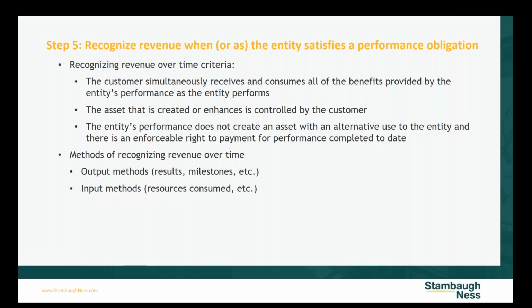And then the entity's performance does not create an asset with an alternative use, meaning the member can't go and replace the website access with something else. So we know pretty much for sure that we're basing this off of 1 year of membership access to the website, which includes legal advocacy. There's no chance of that changing, really.